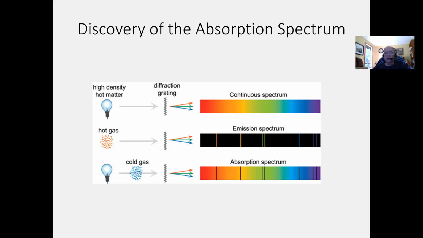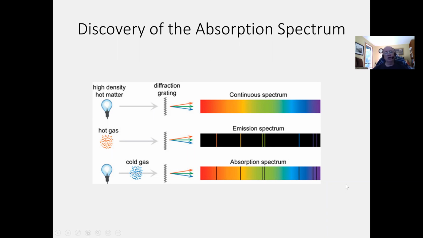What they discovered was they took that white light, the light that was giving off all the colors, and sent that light through the very same cool gas that the hot gas would give off this emission spectra. What the cool gas would do is absorb the very colors from the full color spectrum that the hot gas would give off.